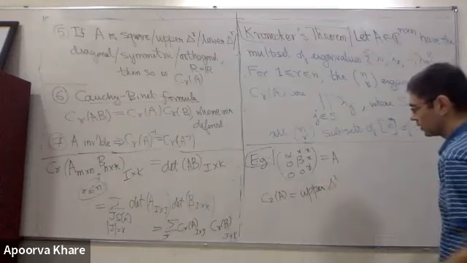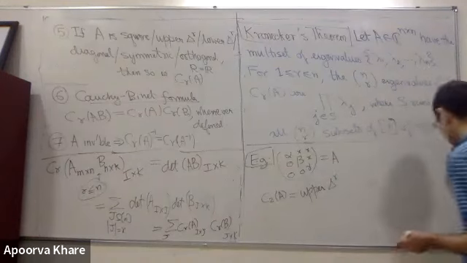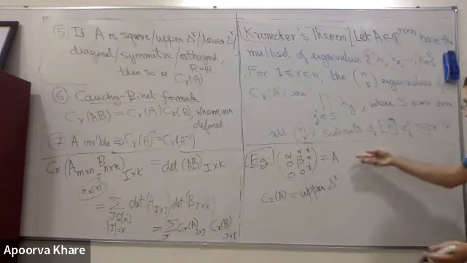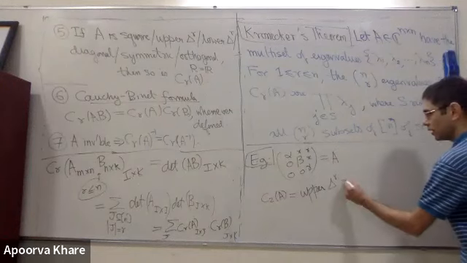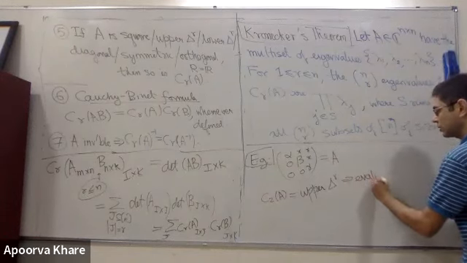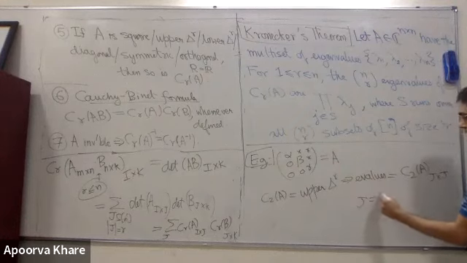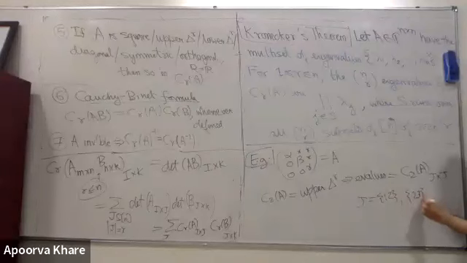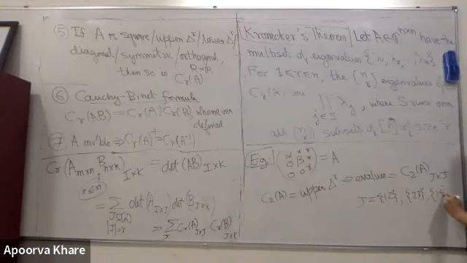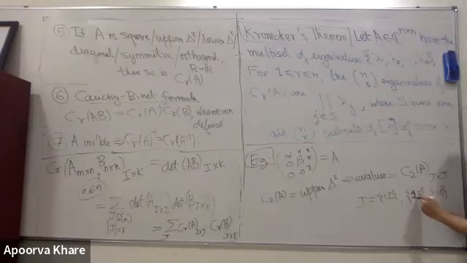Actually, I don't need to do it. Fine, we'll do it. It's exactly the same for n cross n or 3 cross 3. This implies the eigenvalues are the entries C2 of A, J cross J, for all the J: 1, 2; 1, 3; and 2, 3 in alphabetical order.